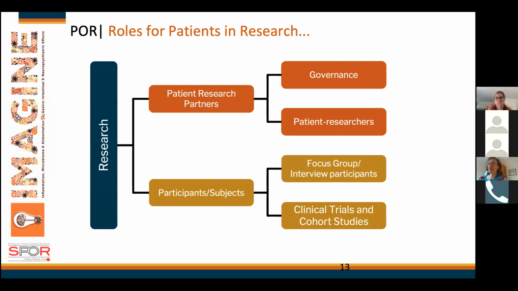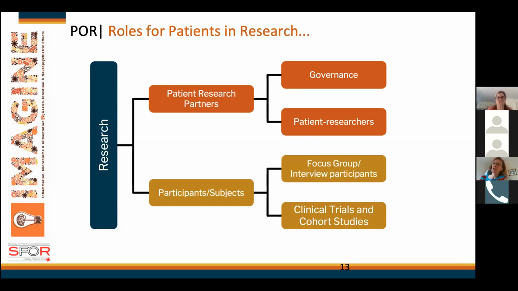And Sandra is going to give us some examples using Imagine of what we've been doing that covers this whole spectrum. So people can be participants and subjects. They can be in our focus groups. We can interview them. They're participants in our cohort studies. So the main cohort study for Imagine is enrolling 8,000 patients across the country. So yes, they're participants and subjects.